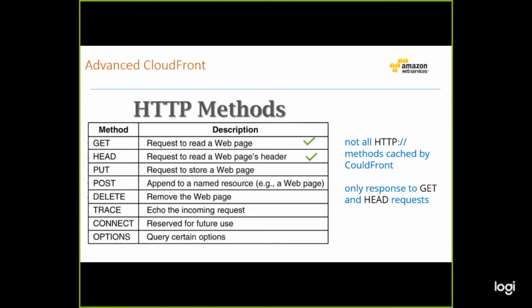The only way to get that directed, for example, read, is if it's requested by the GET or HEAD method. This GET or HEAD method is basically the HTTP method that's being used to cache your website, and similarly can be cached by CloudFront.